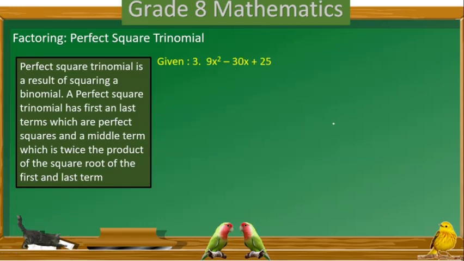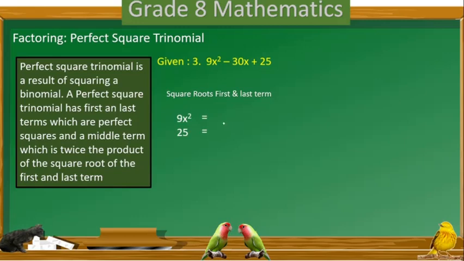Okay, next problem. The given is 9x squared minus 30x plus 25. So as usual, you're going to find the square root of the first and the last term. For the first term, we have 9x squared and the last term is 25. For 9x squared, our square root is 3x. For 25 is 5.